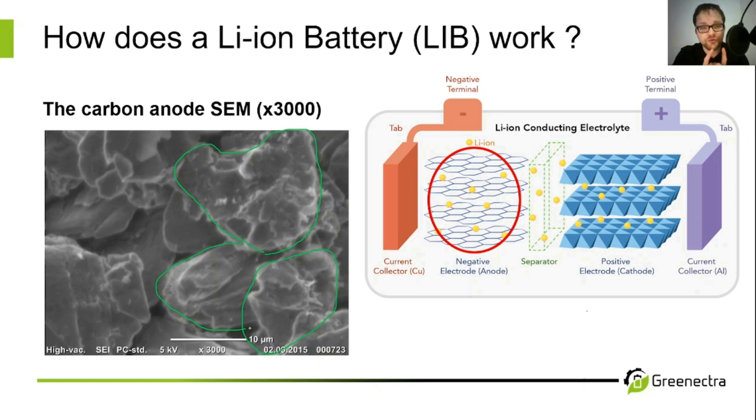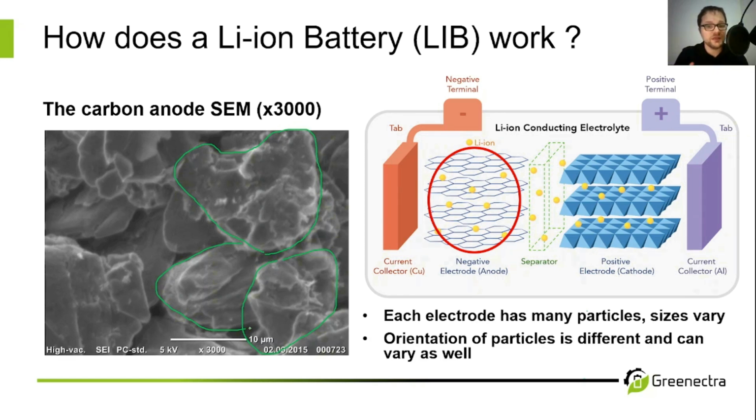It's very important to know that each of these electrodes has many particles. It's the same for the cathode. And the sizes of the particles vary as well. The orientation of the particles can also vary and must not be the same as you would guess from a typical drawing.